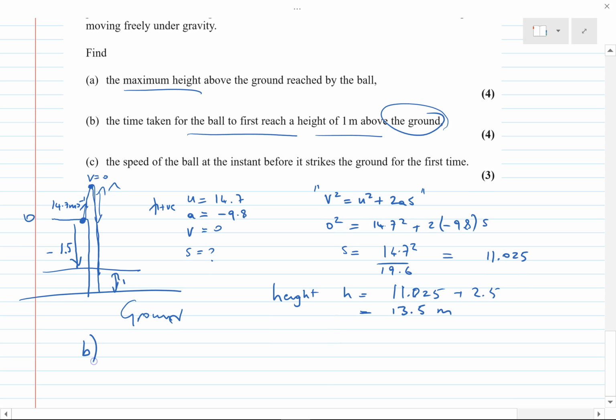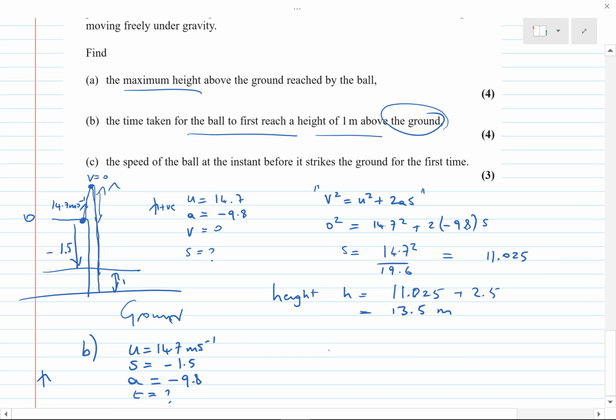So we've got, again, the initial velocity upwards, 14.7. We want the displacement to be minus 1.5, i.e. 1.5 below the point of projection, because it's 1 meter above the ground. Then we've got a again, because we're taking upwards as positive, a is equal to minus 9.8, minus g. And we're working out t.